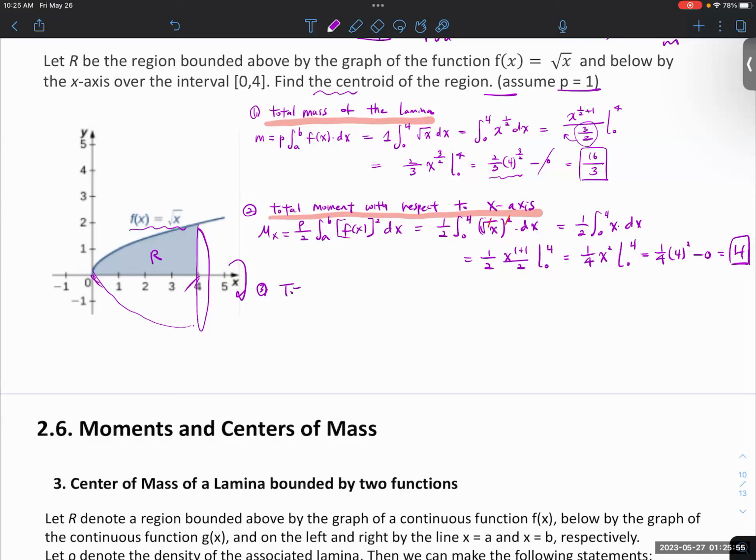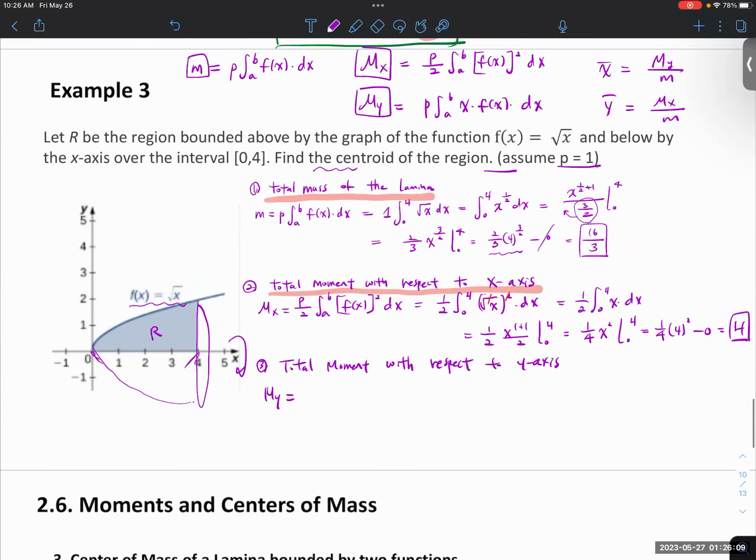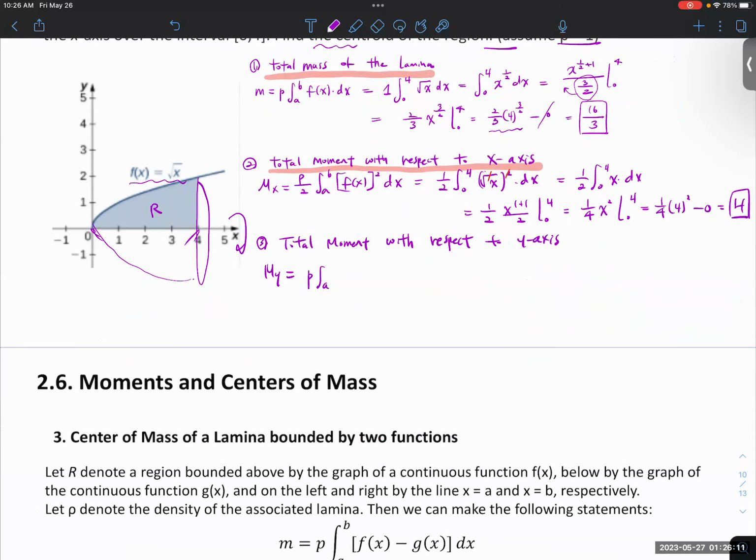Three. We're going to find out the total moment with respect to the y-axis. So the formula is set right there: p times the integral from a to b of x times f of x dx.